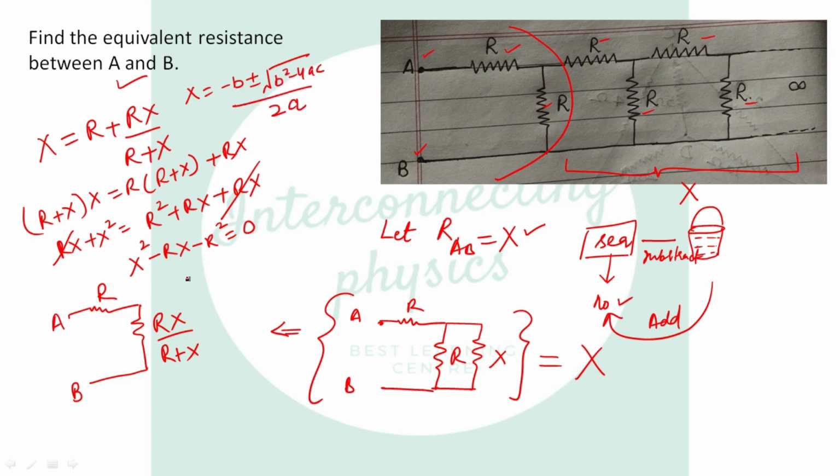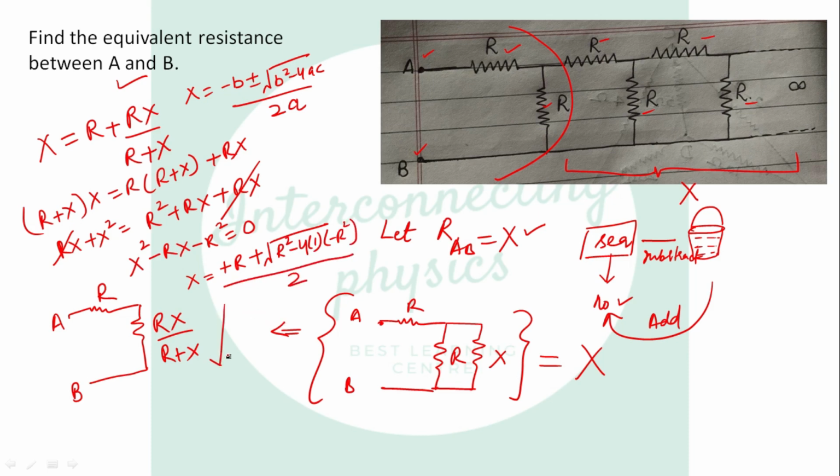Okay. So let us calculate x equals minus b. Minus minus plus. So plus R plus. We take only the positive root of this quadratic equation because resistance can never be negative. So plus b square, that is R square, minus 4, a is 1, c is minus R square, divided by 2a.